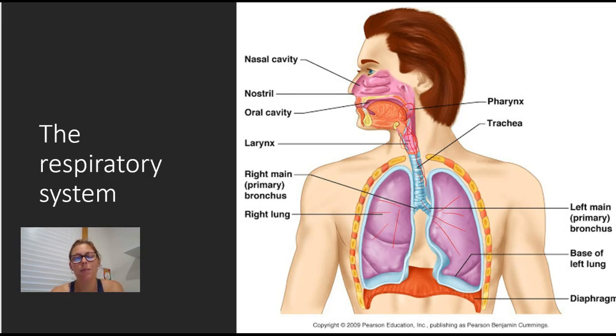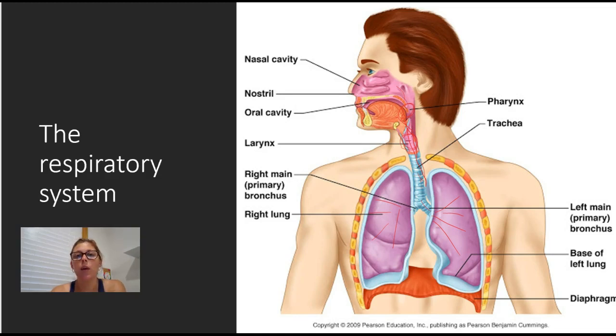Some of you may have had bronchitis, an infection usually in and around your bronchus, or bronchiolitis, often common in children, which might have been infections in these little branches here.